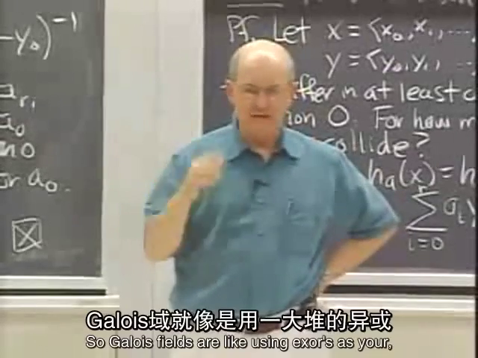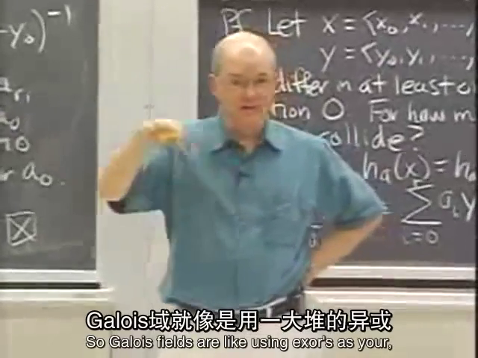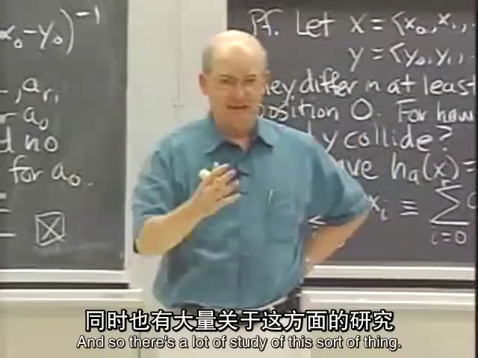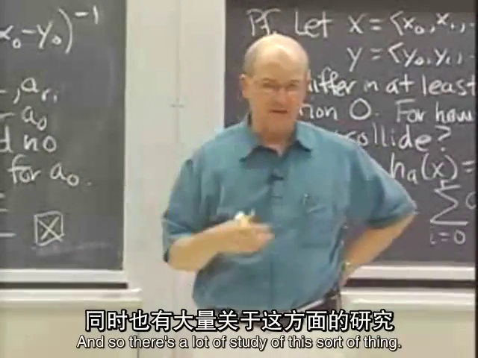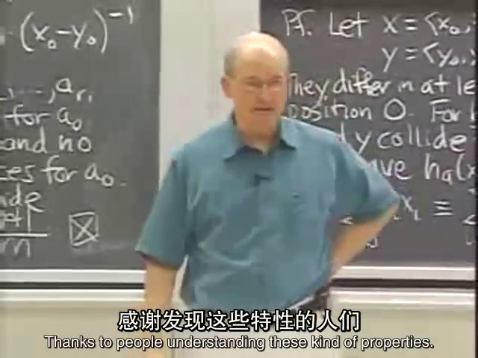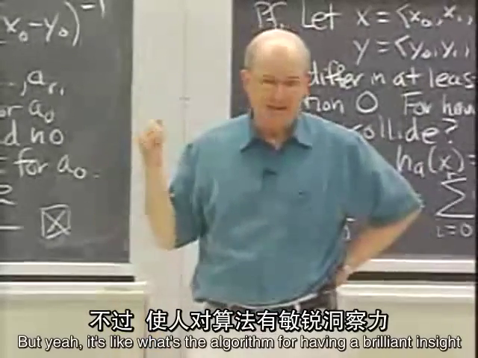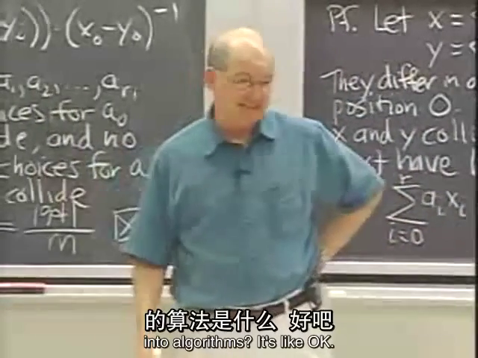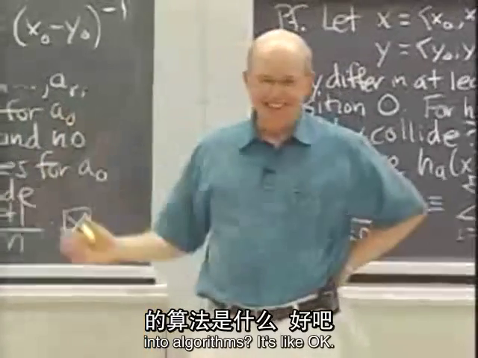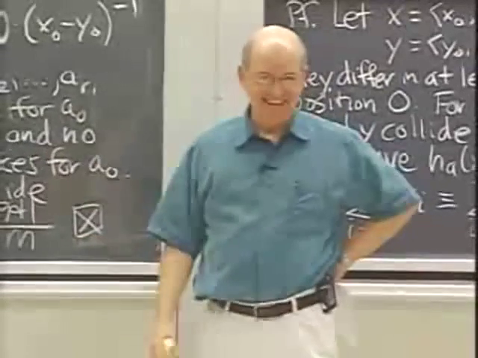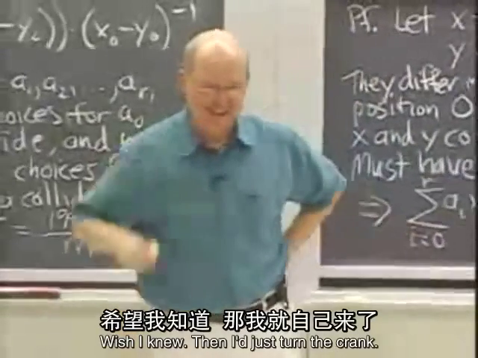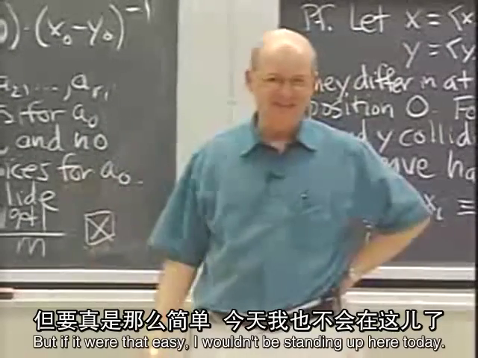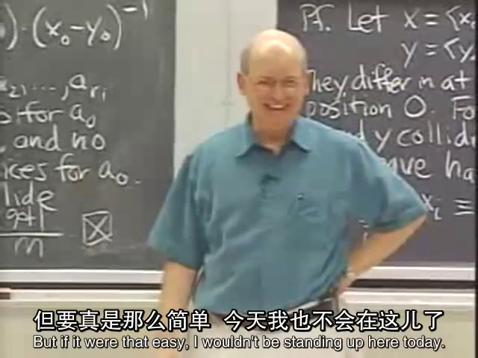Galois fields are like using XORs, the same sort of thing as this, except base 2. There's a lot of study of this sort of thing, so people understand these kinds of properties. But yeah, what's the algorithm for having a brilliant insight into algorithms? I wish I knew, then I'd just turn the crank. But if it were that easy, I wouldn't be standing up here today.